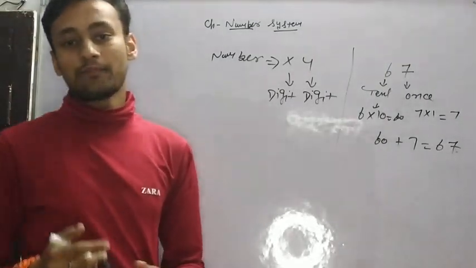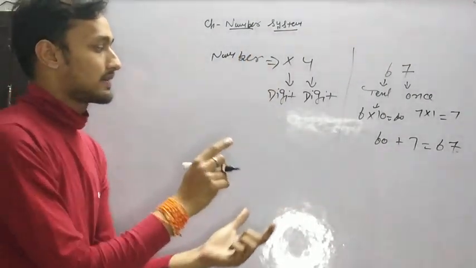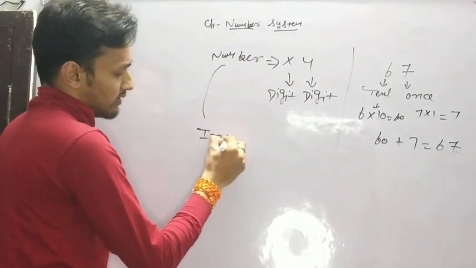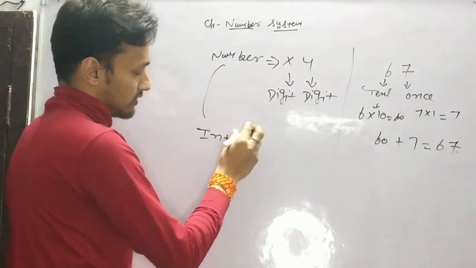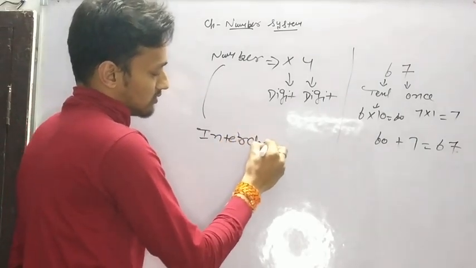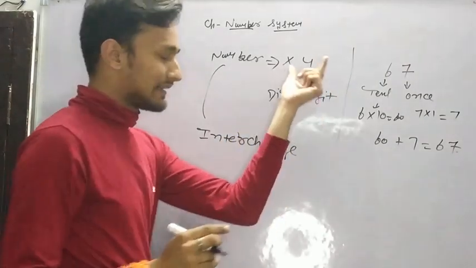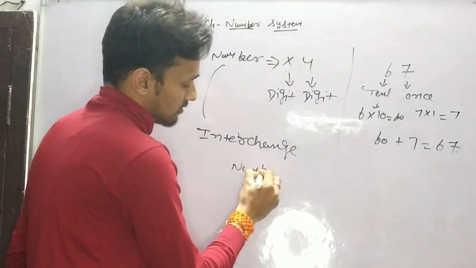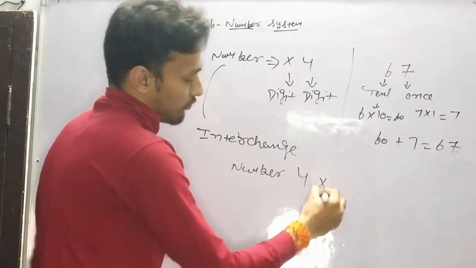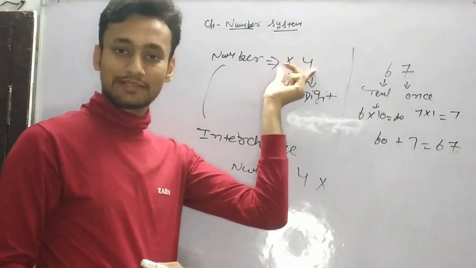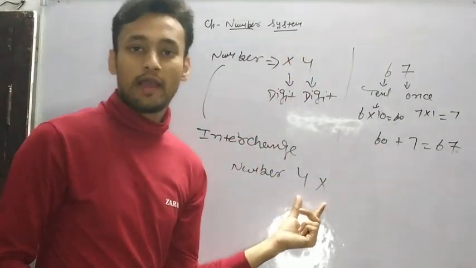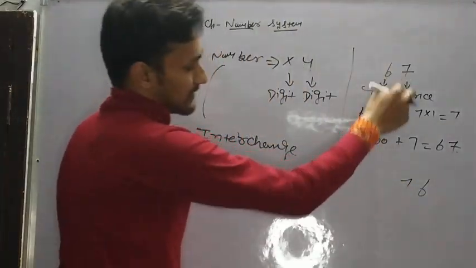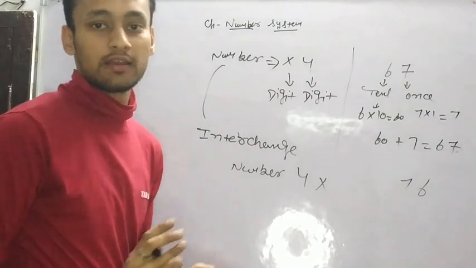And the second part is, let us take a reciprocal example. When we interchange the digits, it comes yx. Firstly it was xy, now it is yx. So that means 67 becomes 76, very clear.